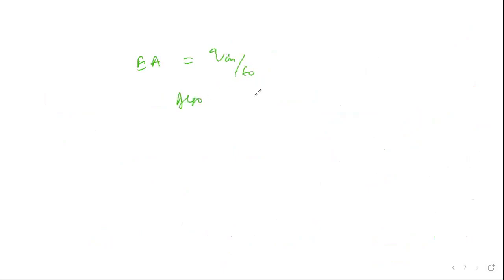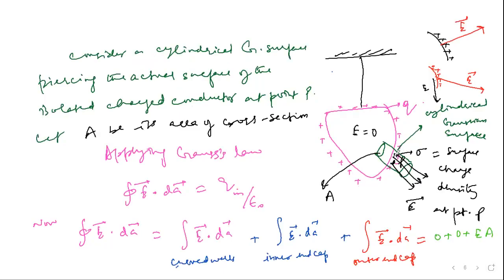Also, Q in is what? That is sigma A. Why? Because Q in is the charge inside this Gaussian surface. Now inside this Gaussian surface, only an area A of the surface will be contained. That area will contain sigma A charge because sigma is the surface charge density.